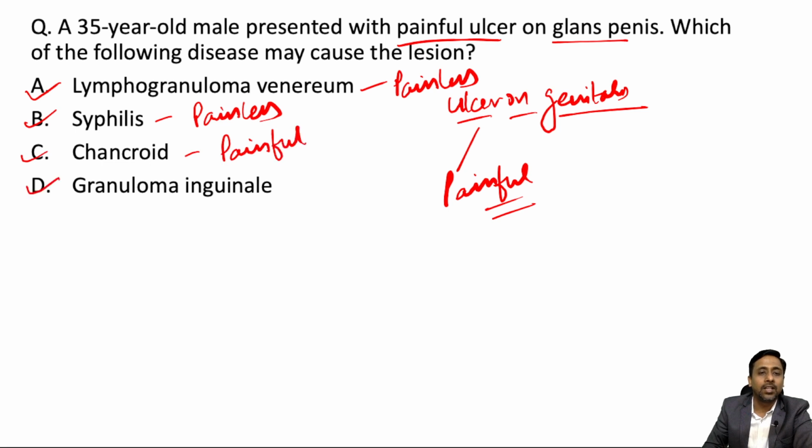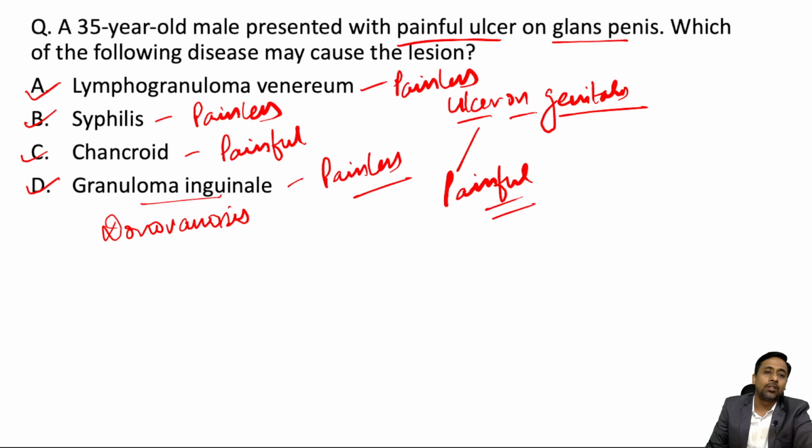And granuloma inguinale, yes, granuloma inguinale is another name for donovanosis, so again it is painless. So among the four options, the only painful ulcer causing disease is chancroid. So the correct answer is chancroid.